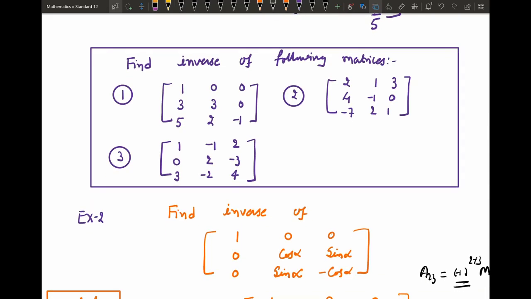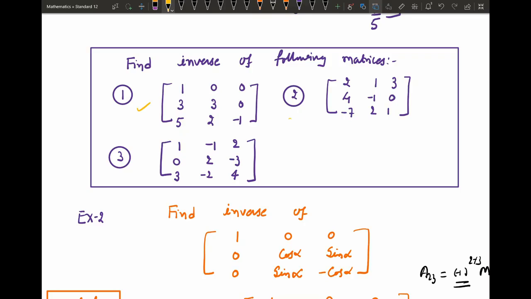By the same method, for practice purposes you can find the inverse of the following three matrices. First matrix is 1 0 0. Second matrix is 1 0 0 3 3 0 5 2 minus 1.